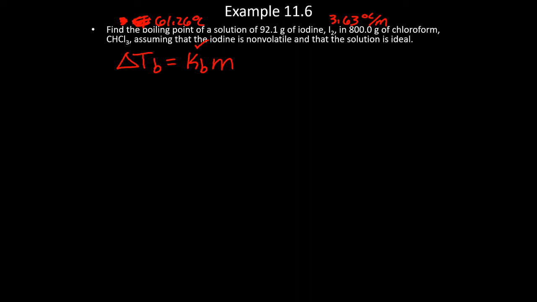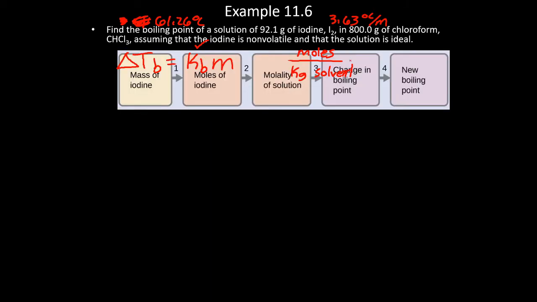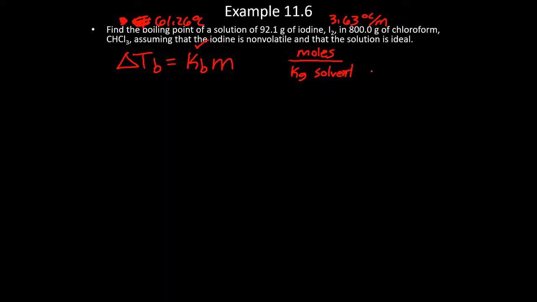Okay. So like I was hinting at there, the first thing you should do is try to find the molality. So if you remember, the molality is the moles per kilogram of the solvent. I'm going to go ahead and make that go away for a second just so we can see what I already have written.